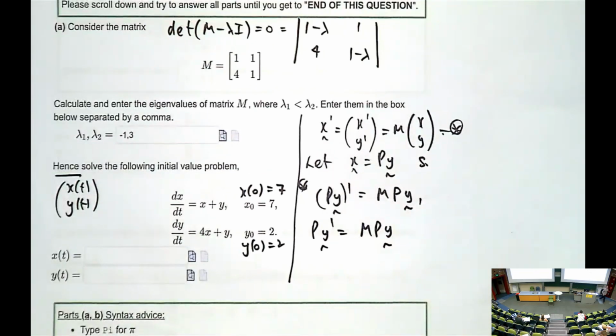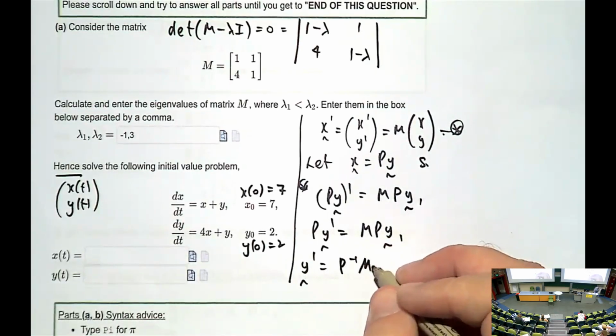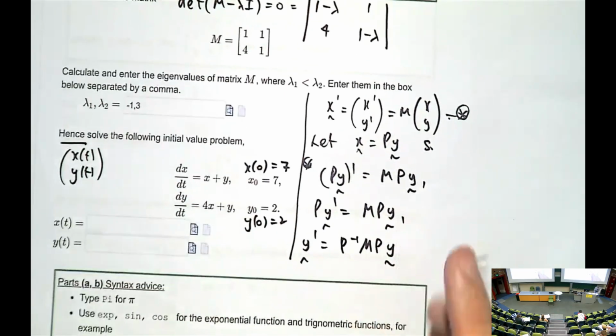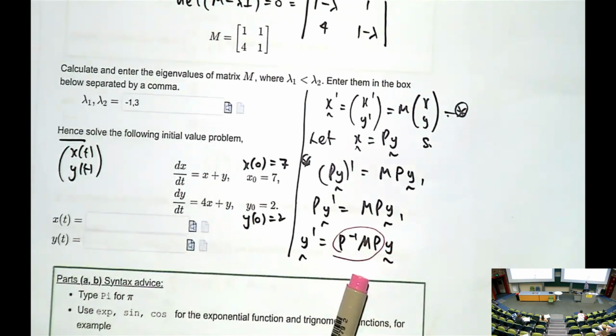So if we rearrange for y dash in the bottom line, take P inverse to both sides, look what's going to happen. Who can impress me? What is that going to give you? Yeah, a diagonal matrix, exactly. You guys rule.